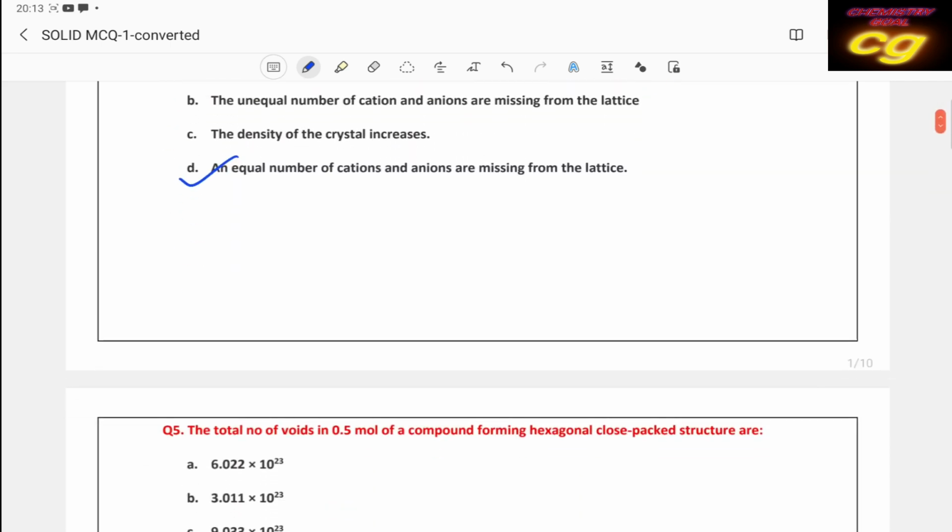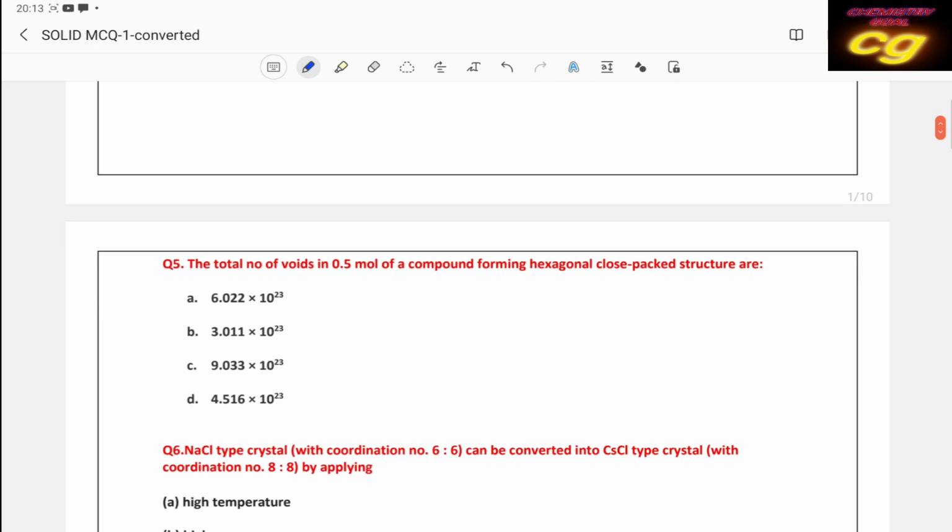Okay. Then question number 5. The total number of voids in 0.5 mole of a compound forming a hexagonal close packed structure.